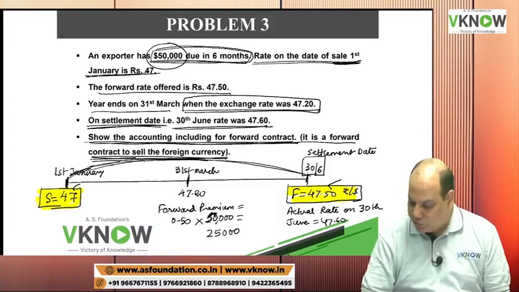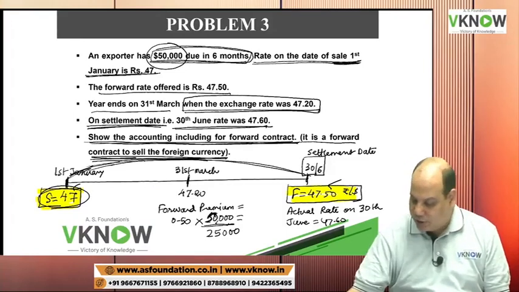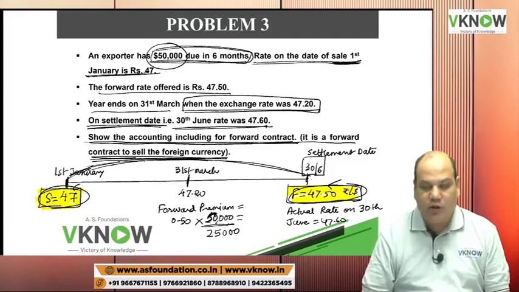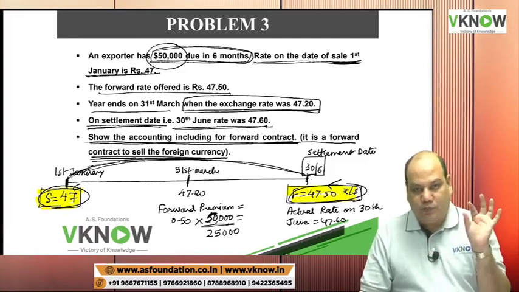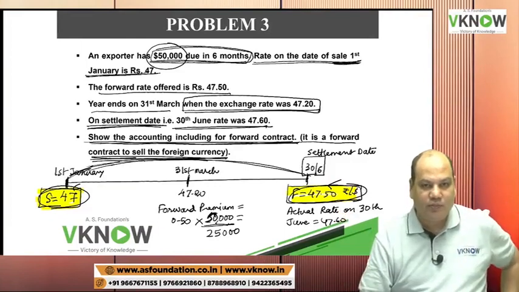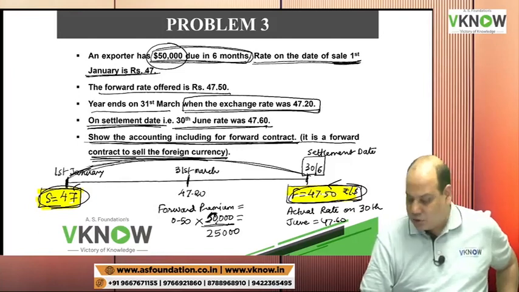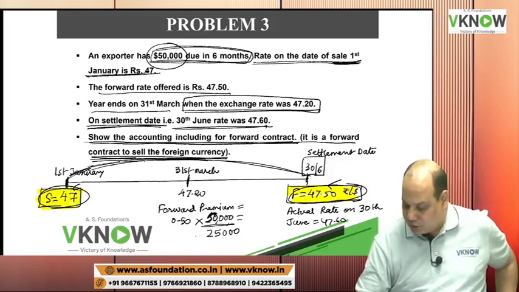The total value of the invoice is $50,000. Today the rate is 47, the highlighted numbers. Forward rate is 47.50. Only focus on spot and forward. 50 paise difference into $50,000. So that is your 25,000 rupees premium.